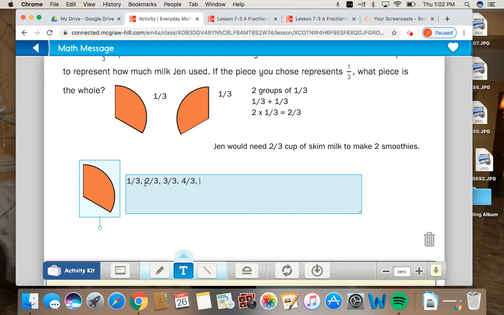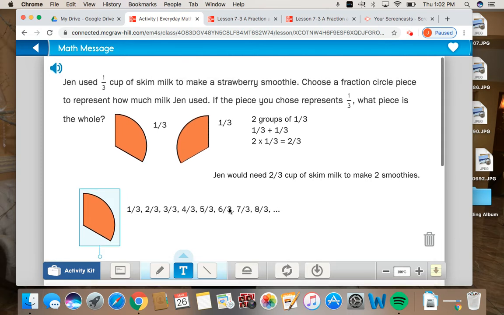You can count with me. 5/3, 6/3, 7/3. You get it? 8/3, and so on. So what this means is 1/3 is my unit fraction. Let's say the fourth multiple of the unit fraction 1/3, that is 4/3. The eighth multiple of the unit fraction 1/3 is 8/3.